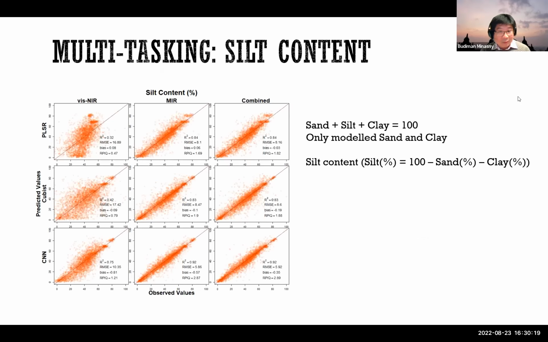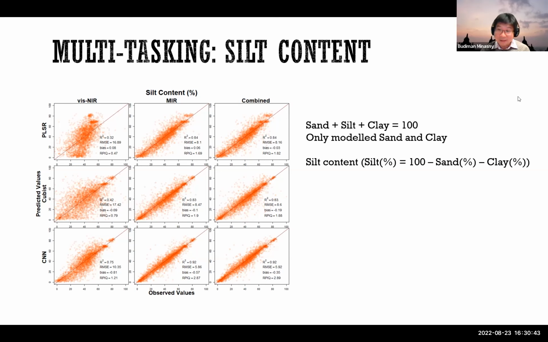So one thing that we check is that in soil science, we have what we call a compositional variable. The sand, silt, and clay, the amount of sand, silt, and clay in the soil, should add up to 100, right? So we only model the sand and clay in the CNN, and then we predicted the silt as the difference.